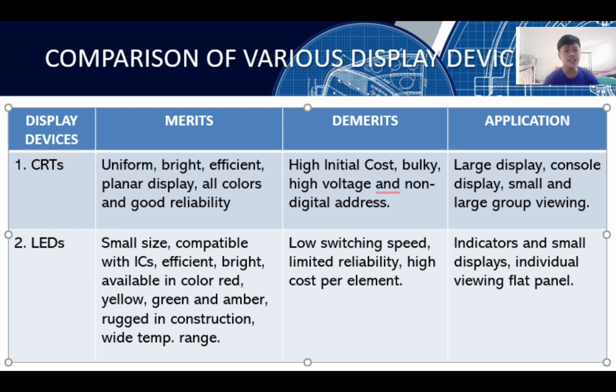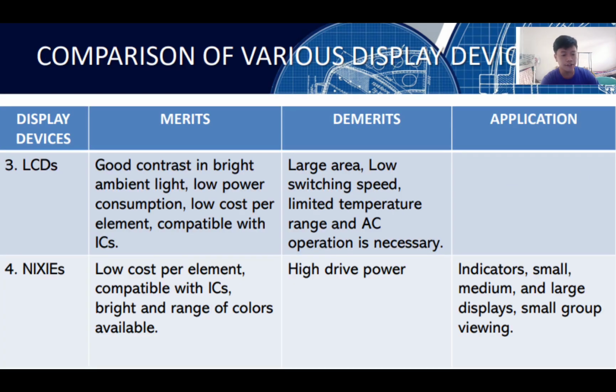The applications are indicators and small displays for individual viewing, and plot panels. For LCDs, the advantages are good contrast in bright ambient light, low power consumption, low cost per element, and compatibility with ICs. The disadvantages are large area, low switching speed, limited temperature range, and AC operation is necessary.